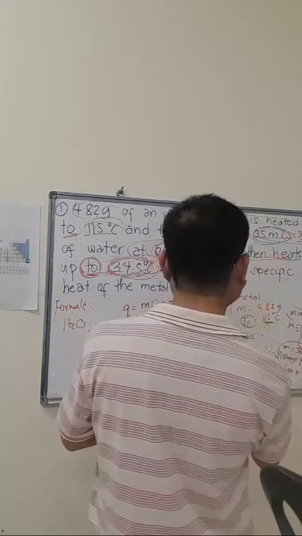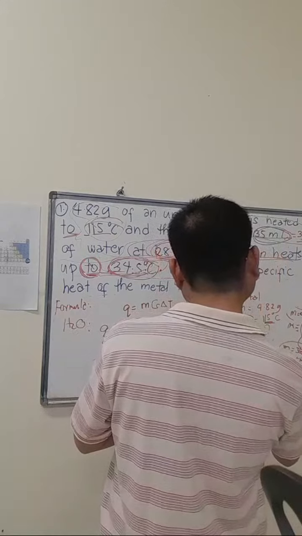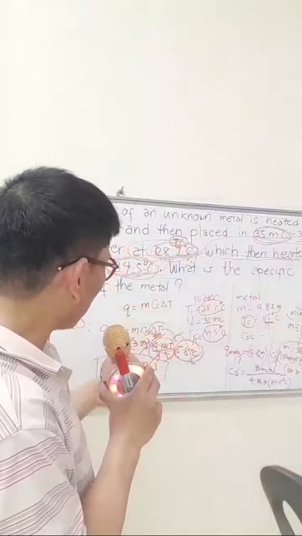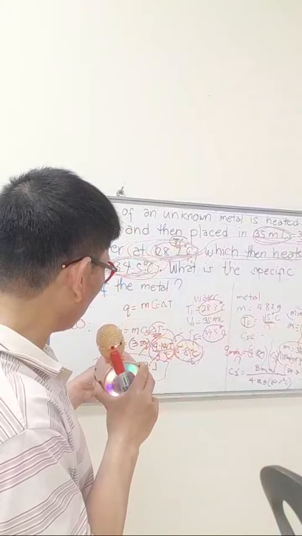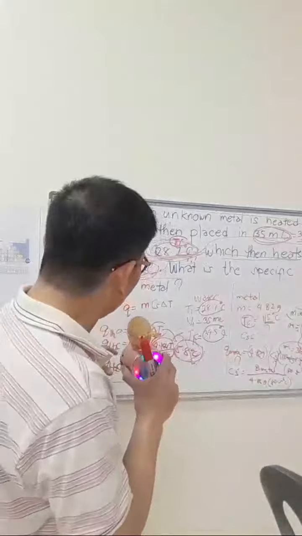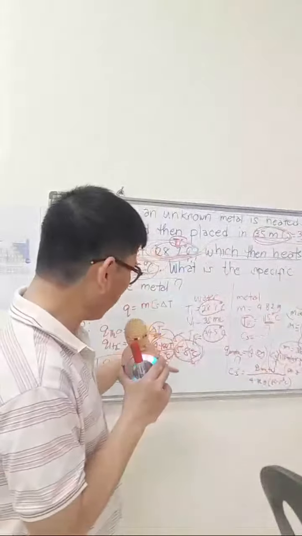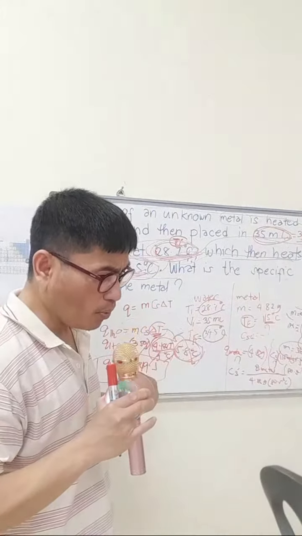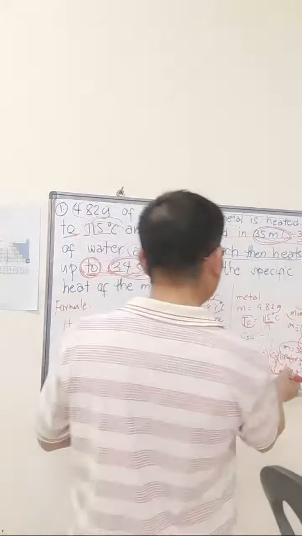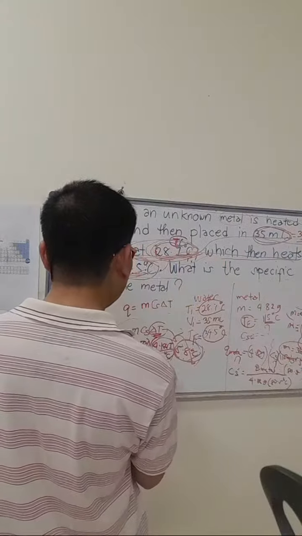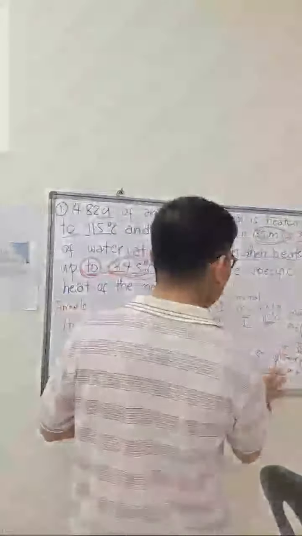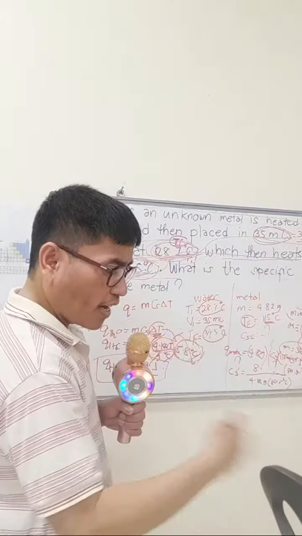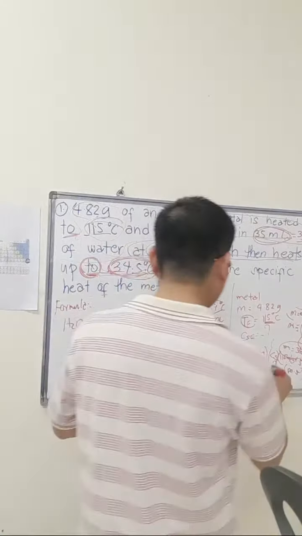And our numerator will be the Q of the metal. Here the Q of the metal is equal to the Q of the H2O: the heat of the metal is equal to the heat of the water, because the water absorbs the heat from the metal and the metal releases its heat. So they are in equilibrium during the heat transfer. So the Q of the metal is also the heat of the water. The substitution is 849 joules, automatically, because they are equal. This is when your analysis comes in. 849.